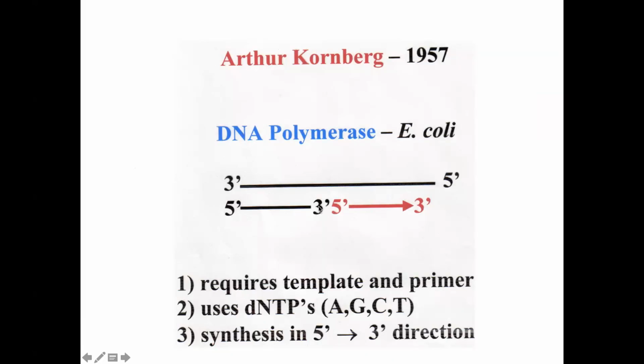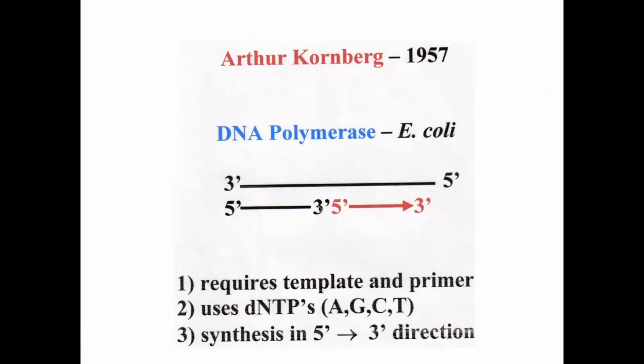And remember, we talked about the different chemistry that exists at the 5' and the 3' end of a DNA molecule. So what the enzyme has the ability to do is add nucleotides specifically to the 3' end of that primer, or the 3' end of any growing strand of DNA, and only to the 3' end. It doesn't have the ability to add nucleotides to the 5' end of the primer.